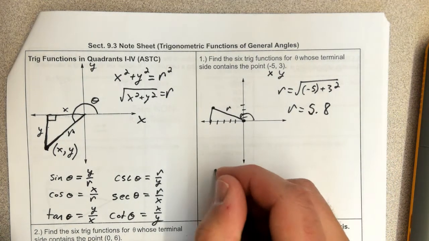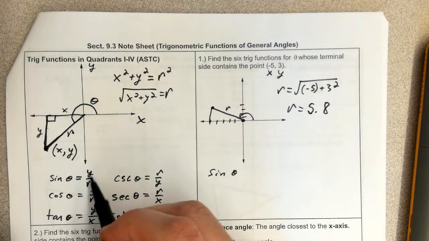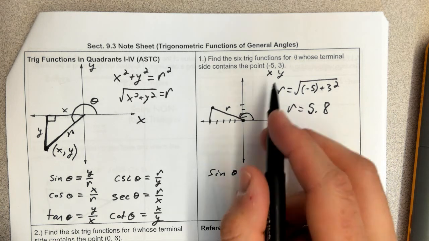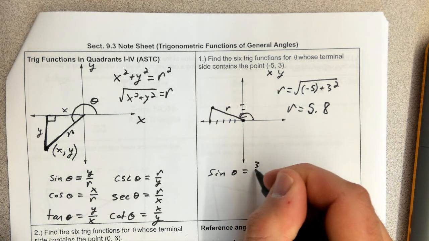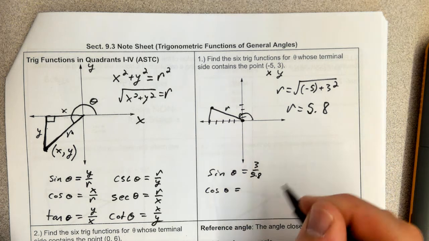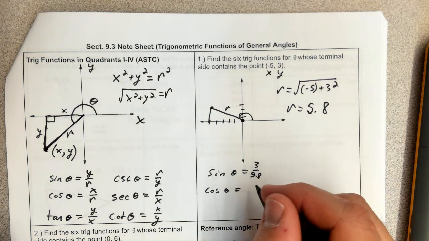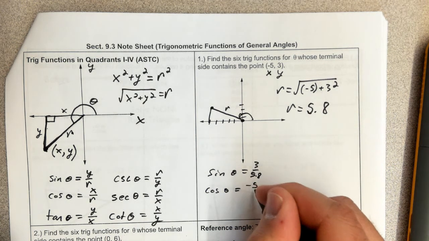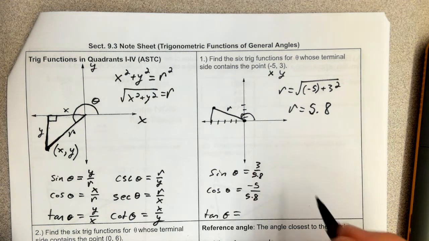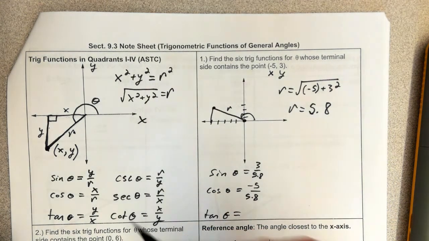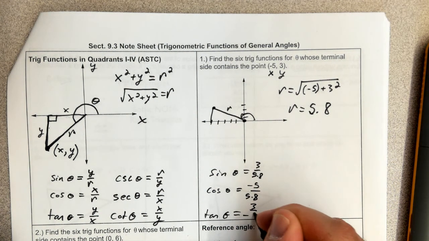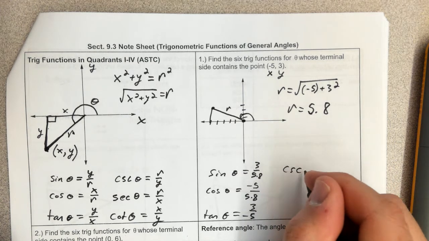So sine of theta is equal to y over r, so that's just 3 over 5.8. Cosine of theta is equal to x over r, so that is just -5 over 5.8. Tangent of theta is equal to opposite over adjacent, in other words, y over x, so that is going to be 3 over -5.